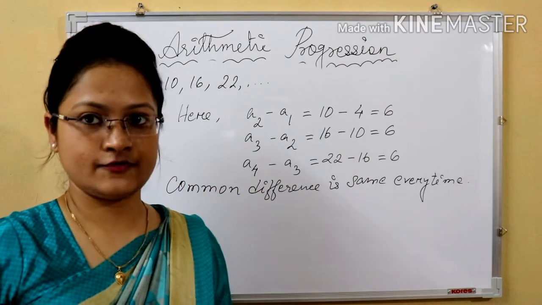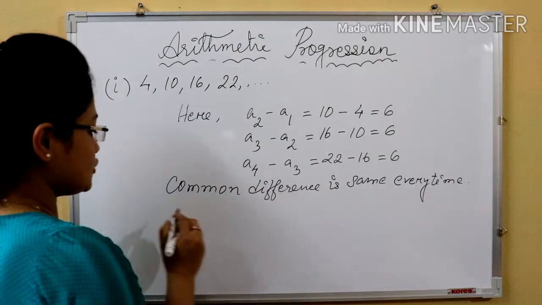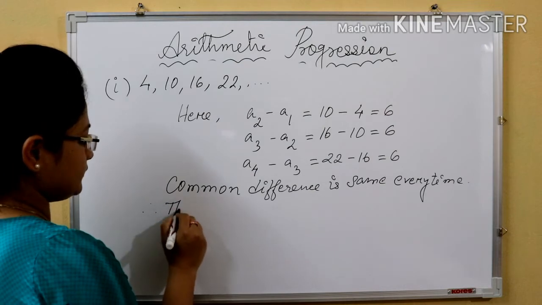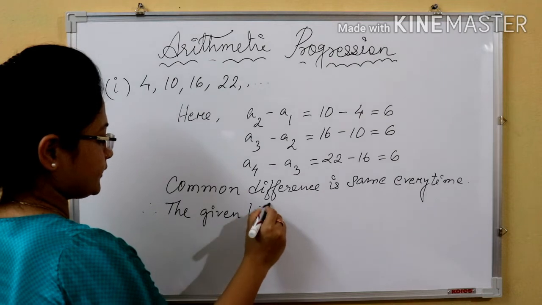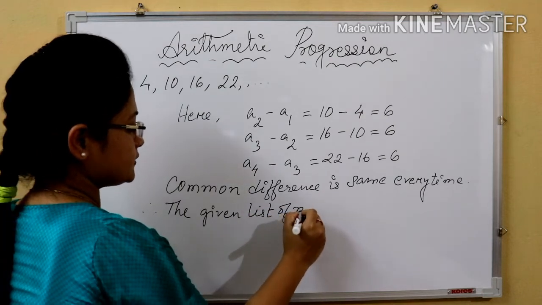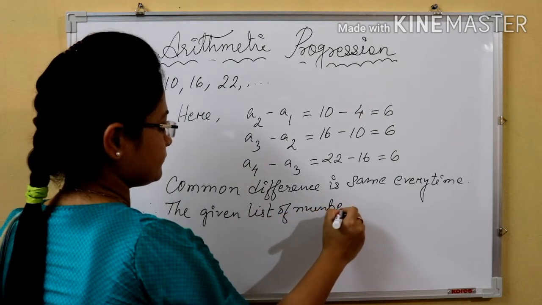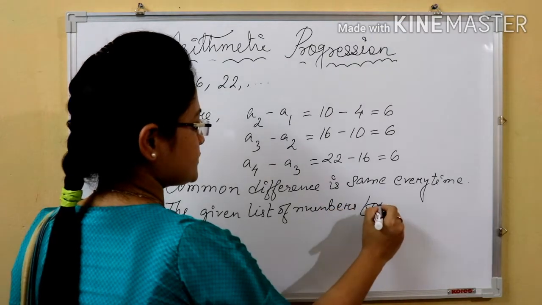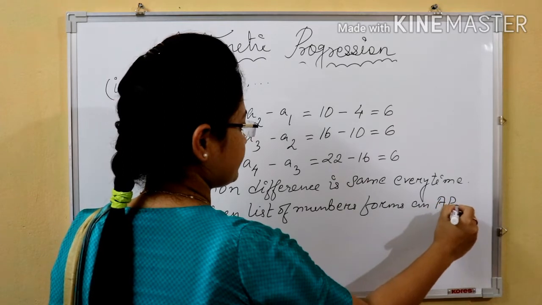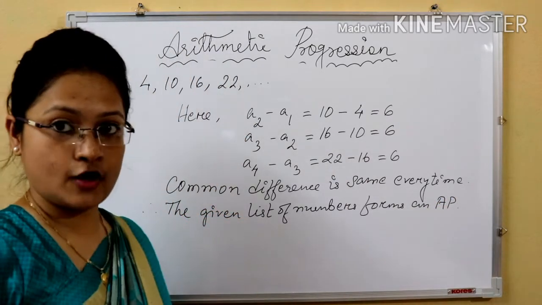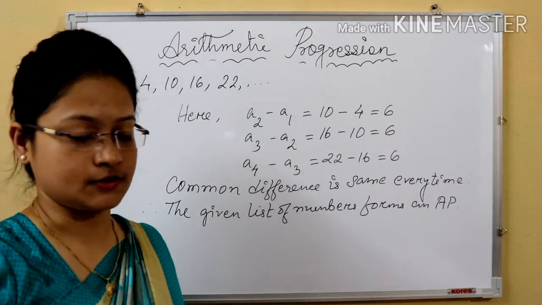That means the common difference is constant. So therefore we can say the given list of numbers forms an AP. And if it forms an AP, we have to find out the next two terms.